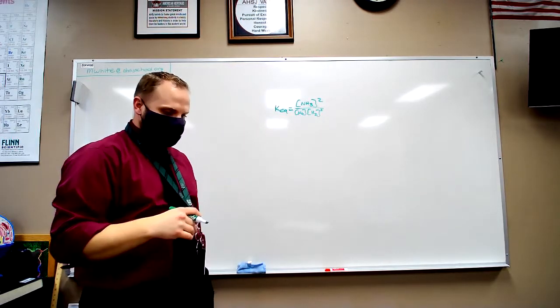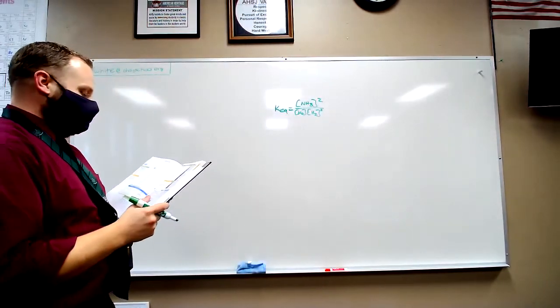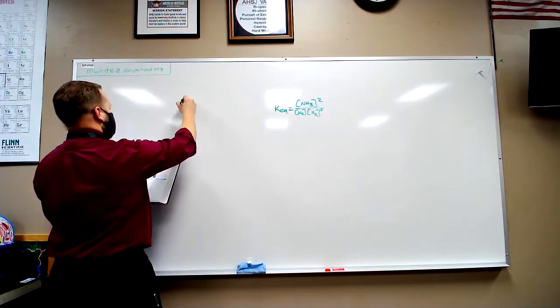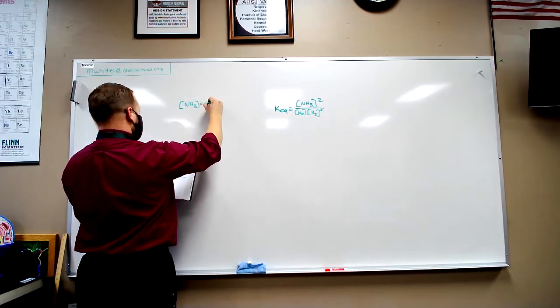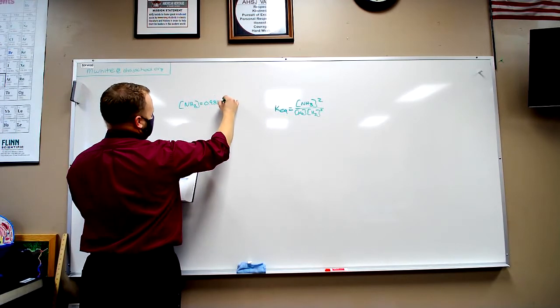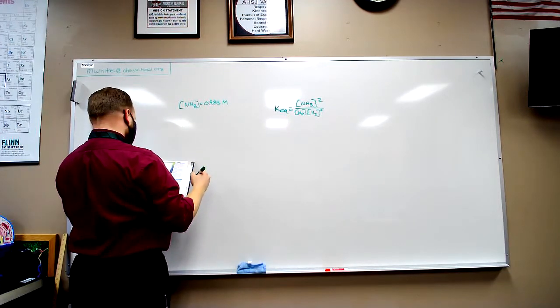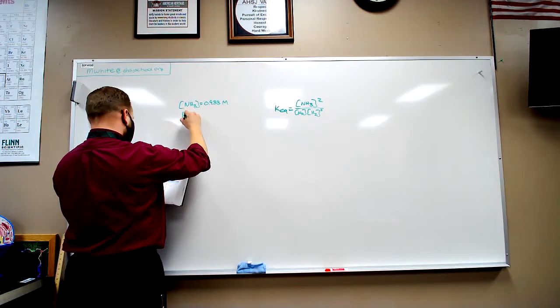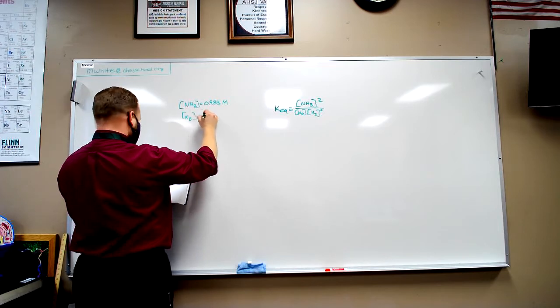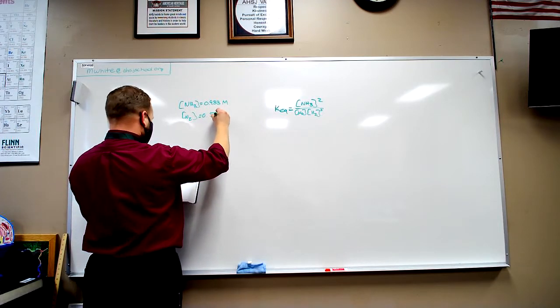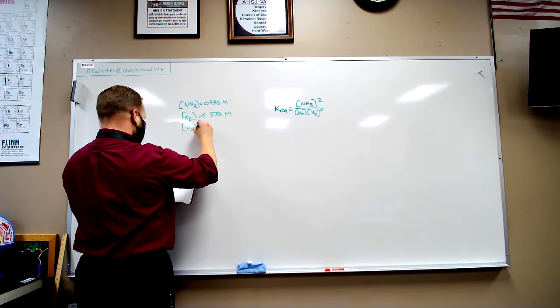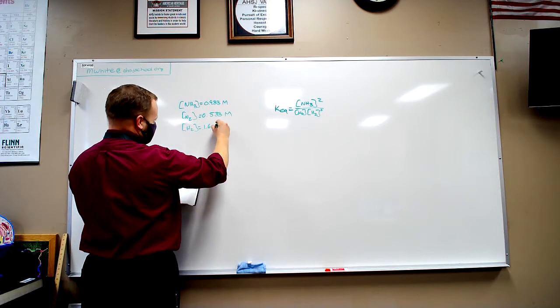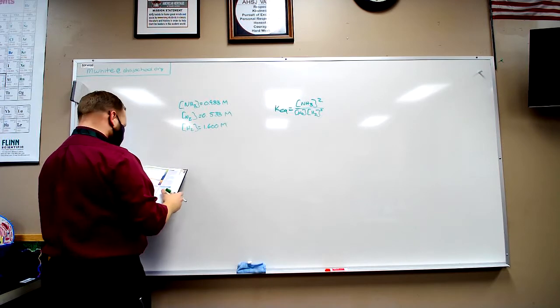Then it says we've allowed this to come to equilibrium, and the concentration of our ammonia we measured at 0.933 moles per liter. Concentration of the nitrogen, 0.533 moles per liter. And the hydrogen has 1.600 moles per liter.